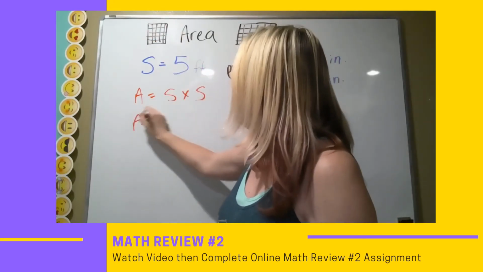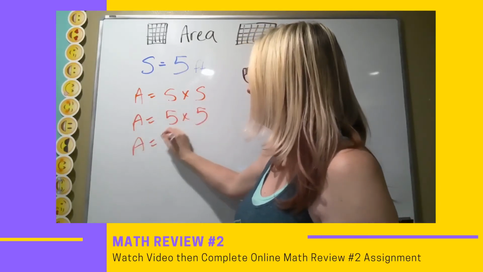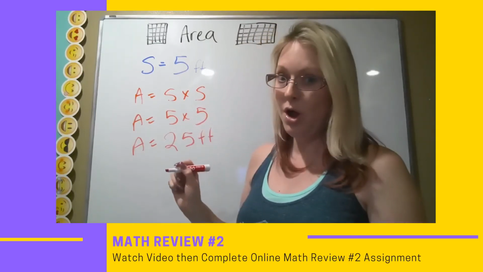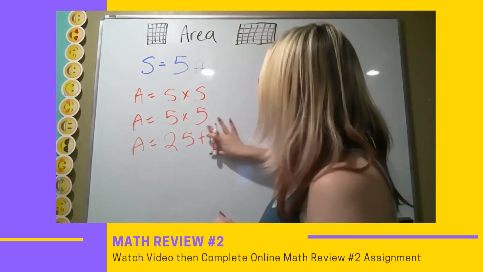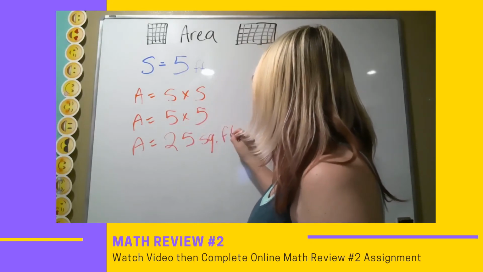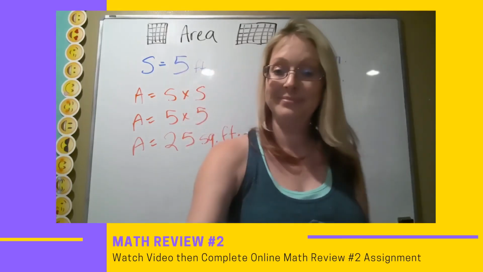So that would be A equals 5 times 5. A equals 25 square feet, right, because we multiplied it. And it's the area. It's the inside square units, okay?